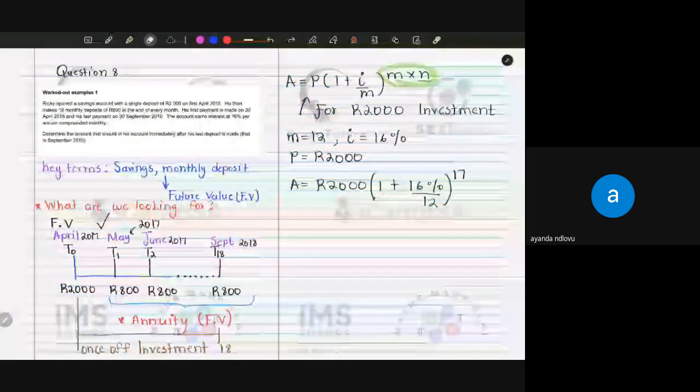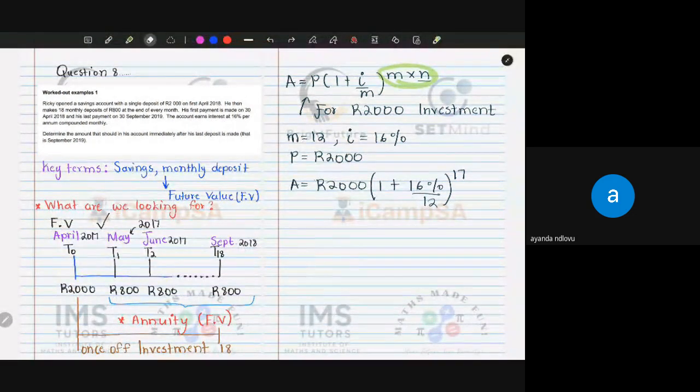Let me give you an example. So let's say it was 2 years. The M times N would eventually amount to 24 months, isn't it? That is what its purpose is there for. Do you agree? They say 2 years, we need 24 months up there, isn't it?